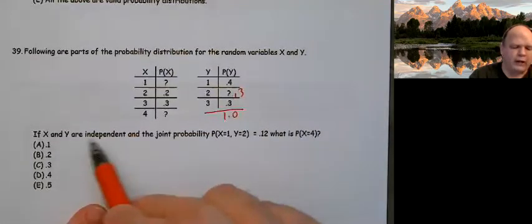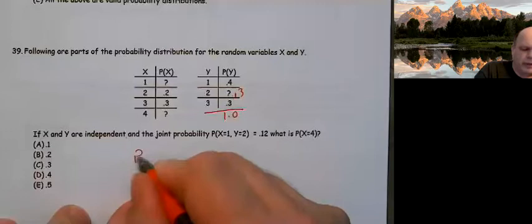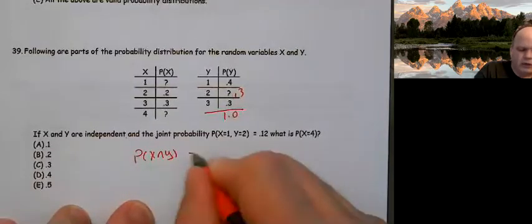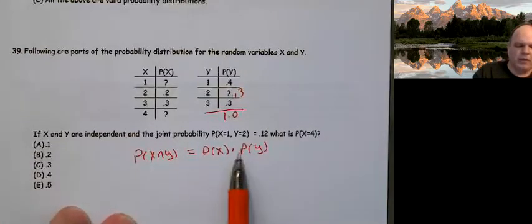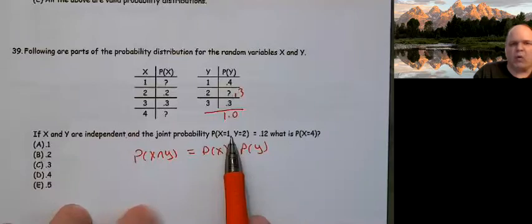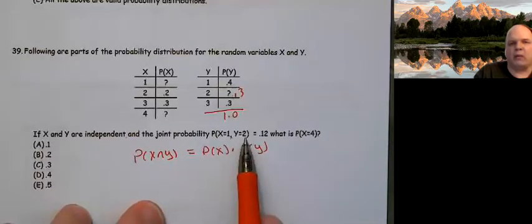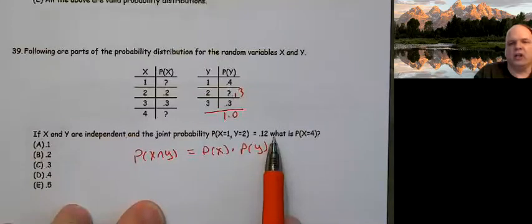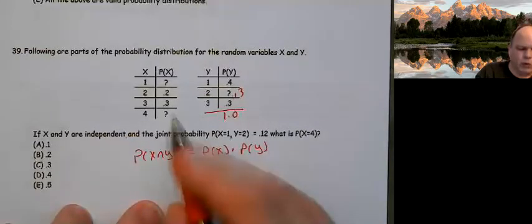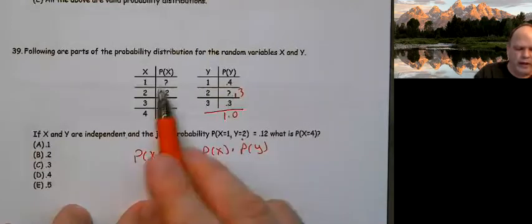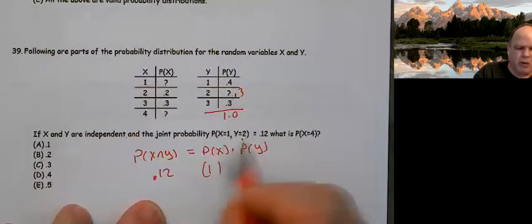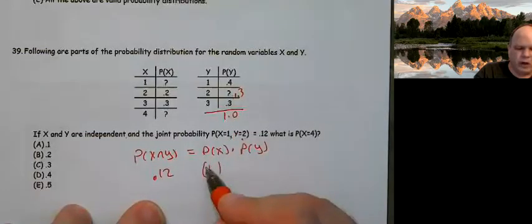So it says X and Y are independent, and that right there tells me the probability of X and Y equals the probability of X times the probability of Y. This right here, X comma 1 and Y comma 2, tells me my intersection is 0.12. When x is 1 and y is 2, my intersection is 0.12. So we don't know what it is when x is 1, but we know that y is 2, so I don't know that value.